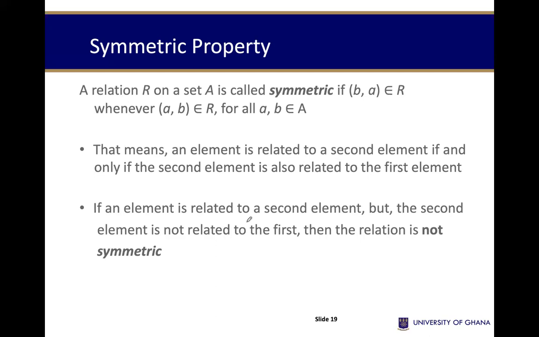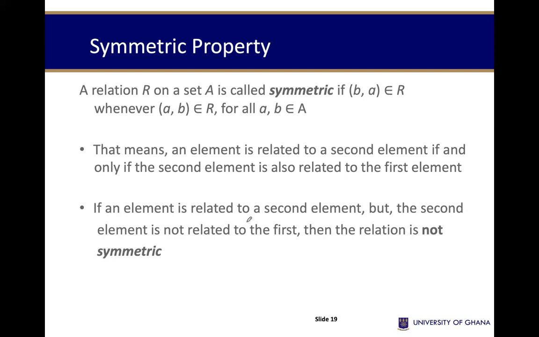So A is related to B. The love that A is having for B, we expect the same love to be in return. So for symmetric, once A is related to B, B has to be related to A. The same love. No two ways about that. You cannot love someone and the person doesn't love you. It exists, but when it comes to symmetric, it doesn't exist. For symmetric, once I love you, you also love me back.